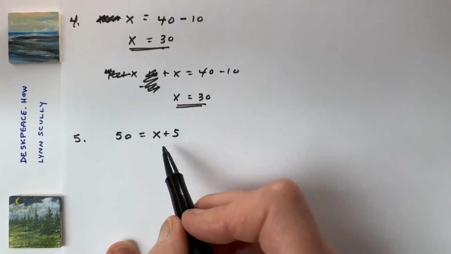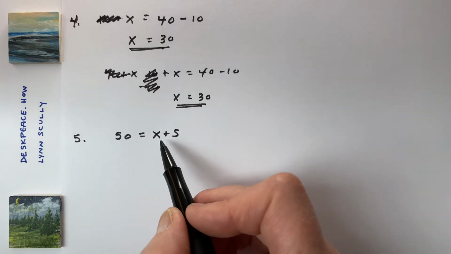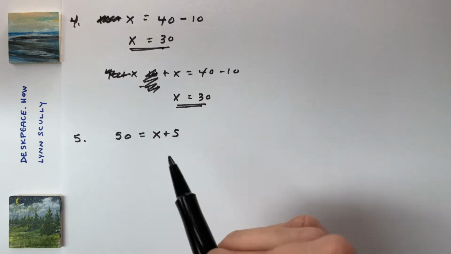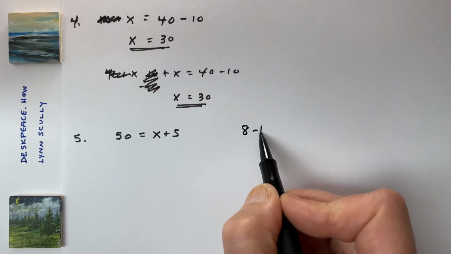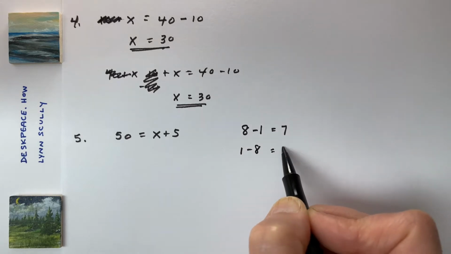Number 5, here's my unknown, it's x. It's got a 5 attached by addition. I want to get it alone, so I'm going to move that 5 to the other side of the equal sign by subtraction. Now this is important. Subtraction is not commutative. 8 minus 1 is 7. 1 minus 8 is a negative number.